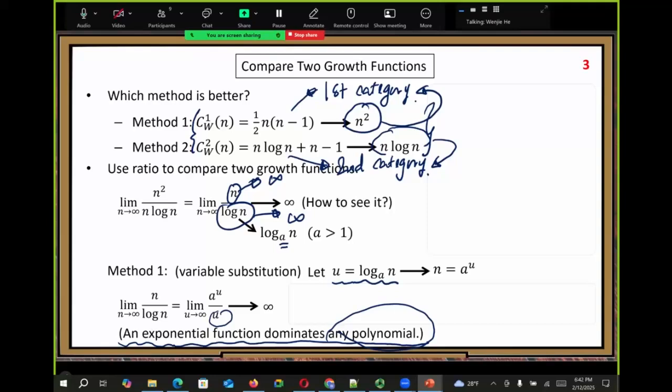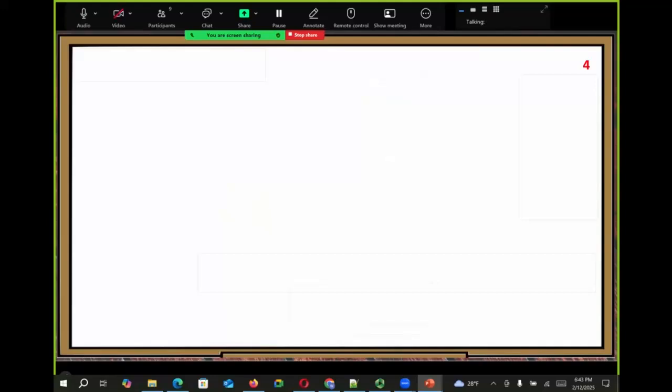We can show, by rigorous math proof, this limit must be infinity. So then, the last step, we need to calculate the limit and see it is infinity.